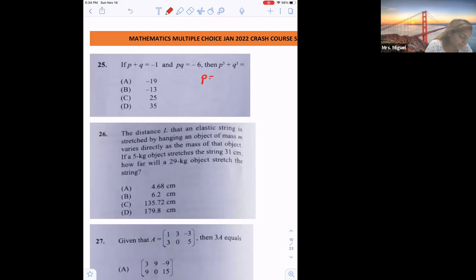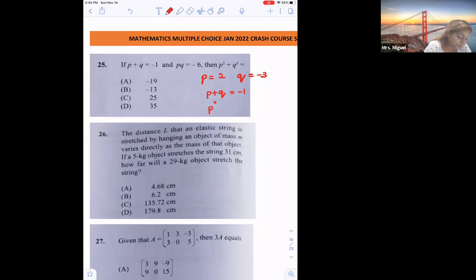So P is equal to -2 and Q is equal to 3. But I can't use -2 and 3 because P plus Q is -1. So it means that my larger of the two numbers must be negative. So this is -3, right?